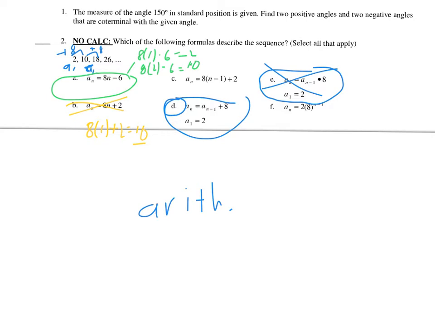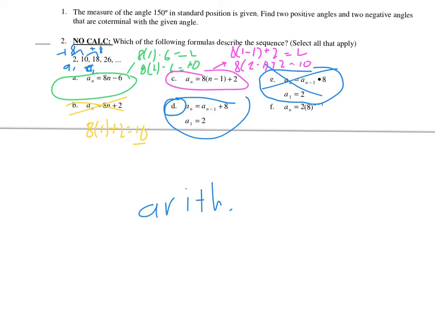I'll go ahead and check C next. If I plug in 8 times 1 minus 1 plus 2, that's 8 times 0 plus 2, which is 2. And then 8 times 2 minus 1 plus 2 gives me 8 plus 2, which is 10. Both of those check out, so I'm going to say that one's correct.